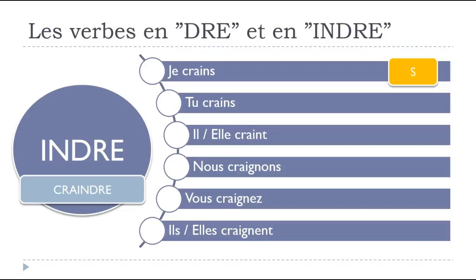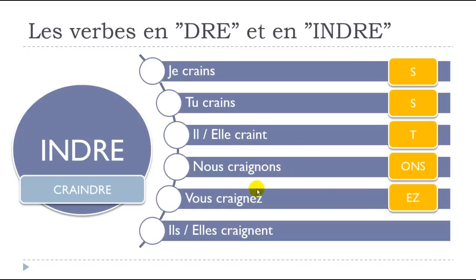Alright, so keep in mind that the ending will be S, S, and then T. Phonetically, as you know, you pronounce them the same: craint, craint, craint. Then ONS, craignons, craignez, EZ, and then craignent, ENT.